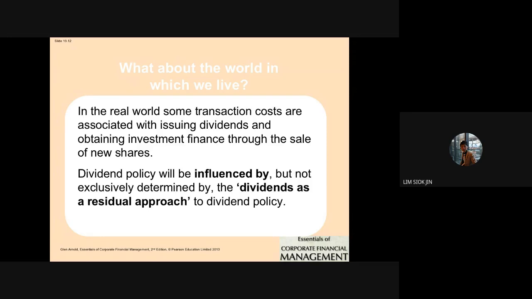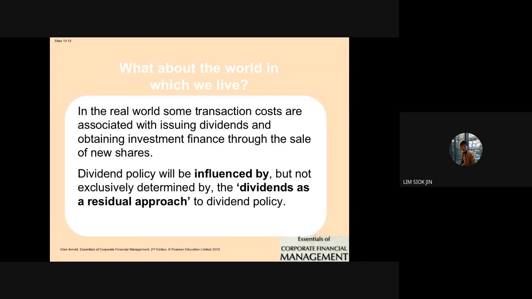As we understood previously, when we want to give dividend, we don't just give based on profit. That means when the company makes a profit of 1 million, you don't simply give 1 million dividend. No, there are many other things to consider. When you make a profit of 1 million, should you give back to the owner or should you reinvest? That's one question. Should you give back or should you reinvest?